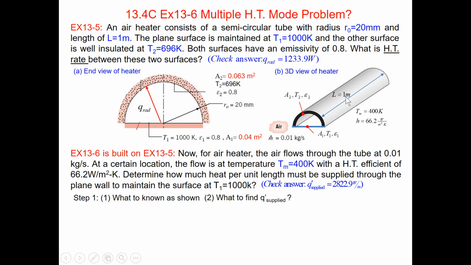At a certain location, the flow is at temperature Tm and heat transfer coefficient h. We need to find out how much heat per unit length must be supplied through the plane wall to maintain the surface at temperature T1. This is what we know and what we need to find out.